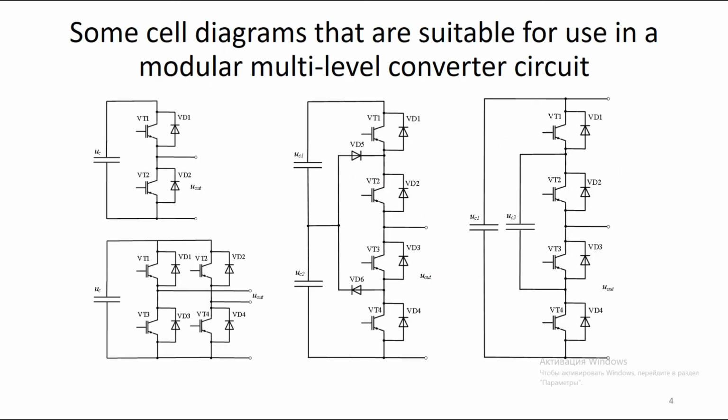Consider the equivalent scheme of one phase of the multilevel inverter. The formulas for determining the current and voltage in the converter are presented on the slide. The principle of pulse width modulation with phase shift of the carrier signals is presented on this slide.